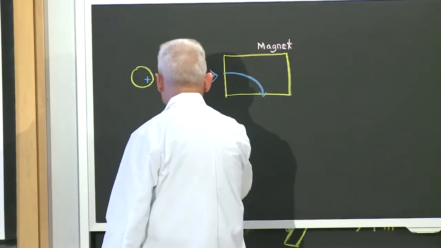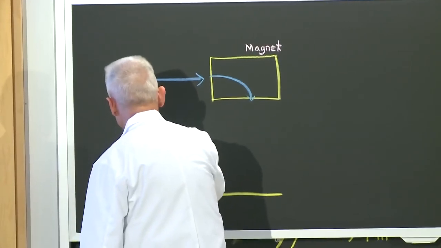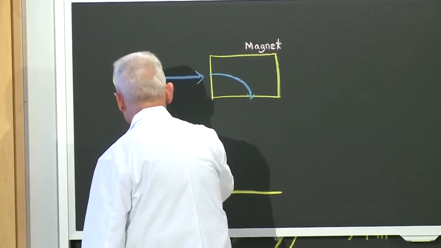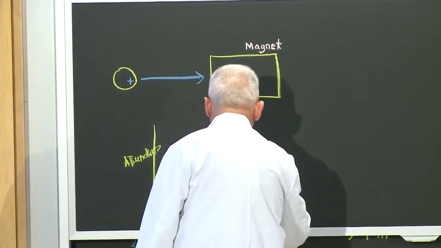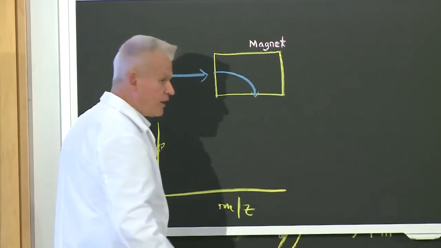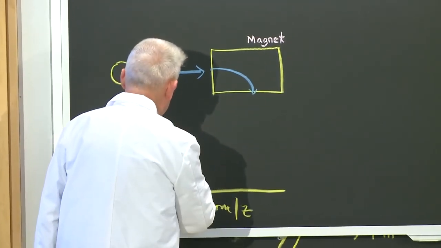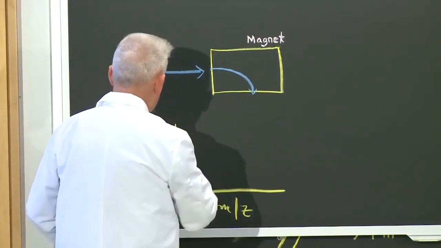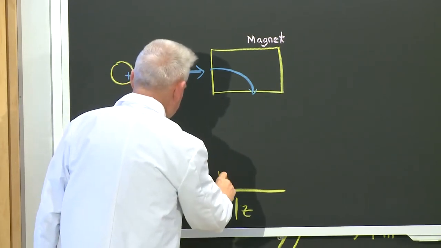You get something like this, with abundance here and the mass-to-charge ratio here. Depending on the ion, the detector may see a lot of this, less of that, and less of that.